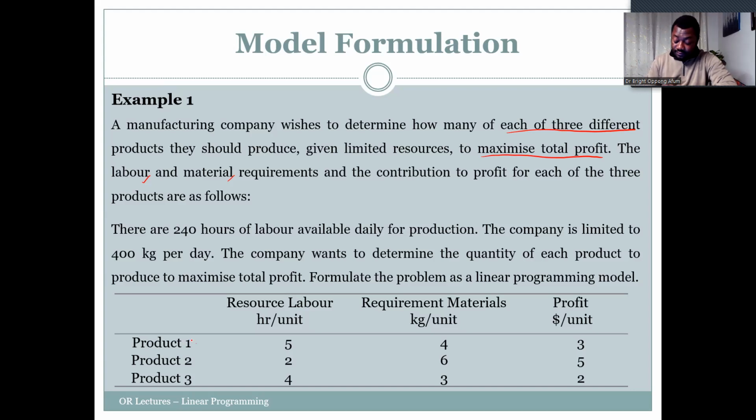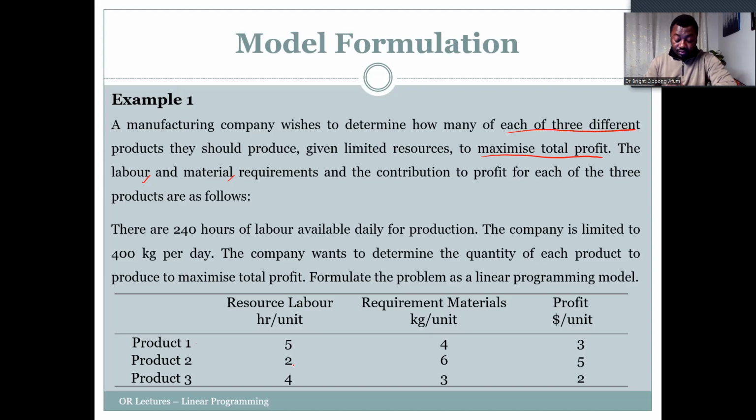So for product 1, it requires 5 hours. If you want to produce 1 unit of product 1, you need 5 hours and 4 kilograms of the material. And when we sell it, we'll have $3 per unit.